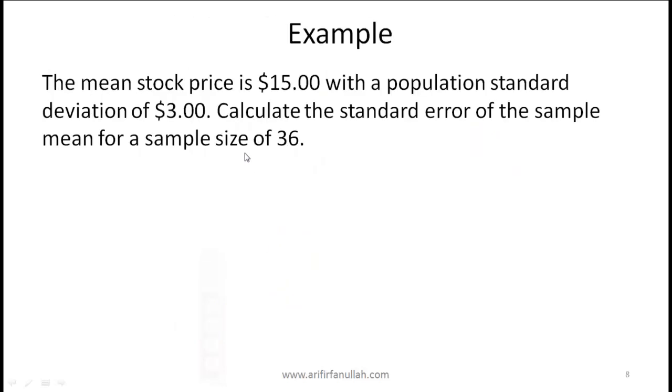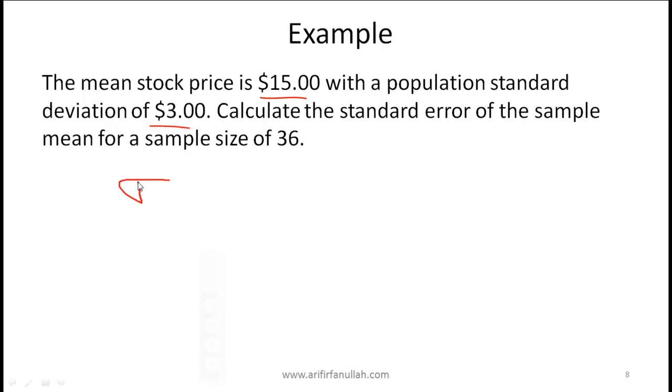Let's do a simple example. If the mean stock price is 15 with a population standard deviation of $3, so let's say you are looking at 1,000,000 stocks and the mean stock price is 15, population standard deviation is 3. What's the standard error of the sample mean?